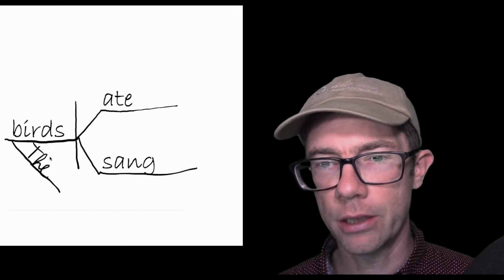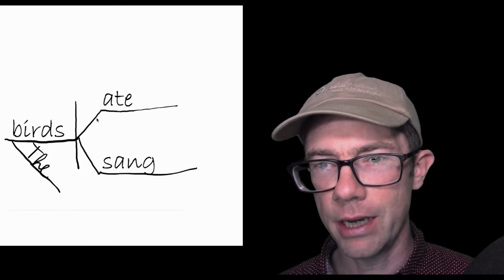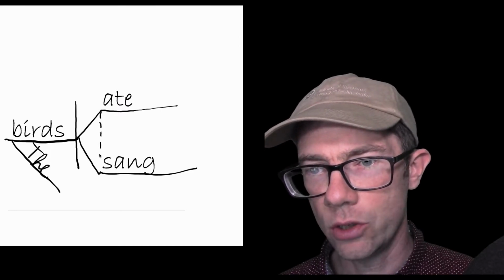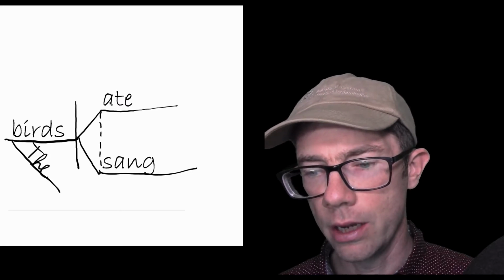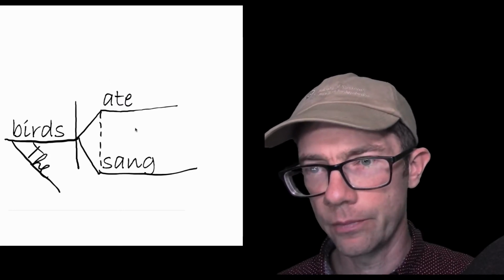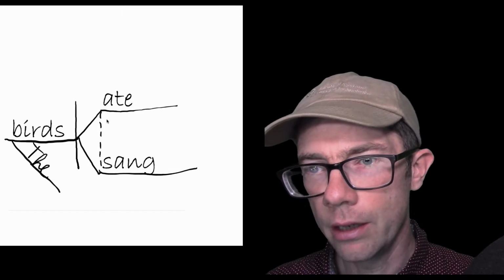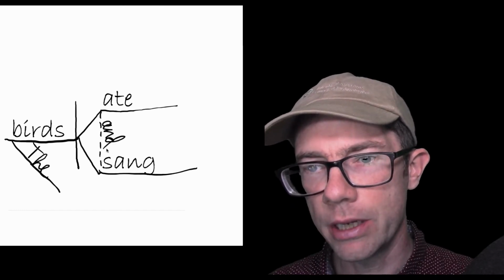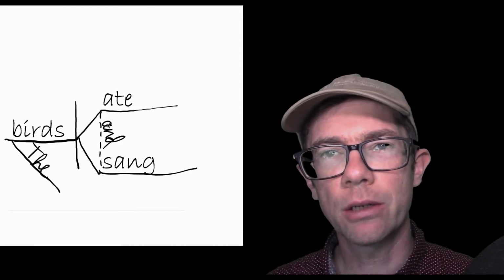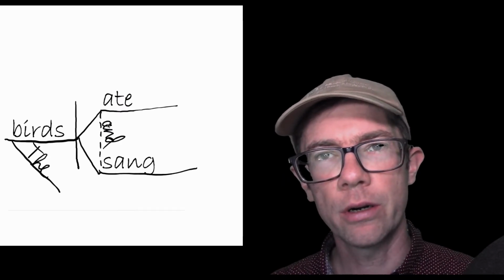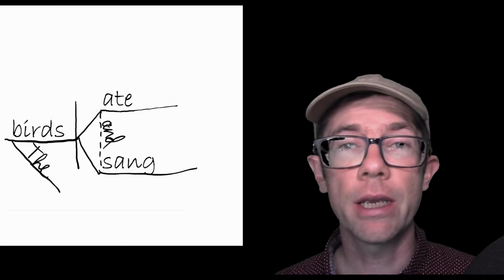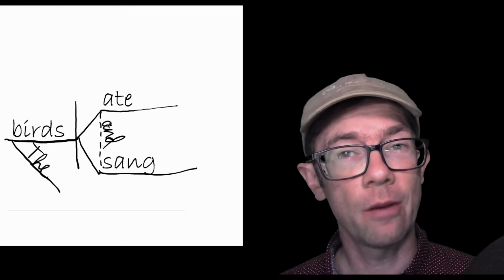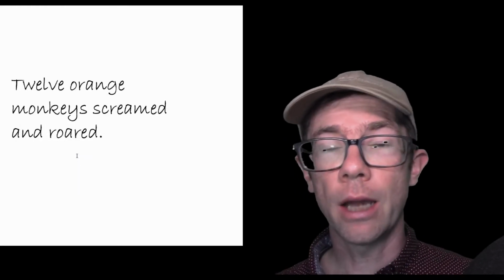The is an article, but it's also a determiner. Okay, we have to express the fact that these two verbs are related to each other and how they're related. So we put the special type of word. What's the name of that special type of word which joins two words or two phrases? The answer is, begins with C, conjunction. All right, there we have it. It's becoming second nature now.